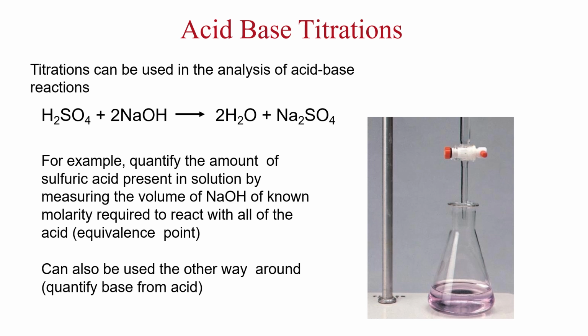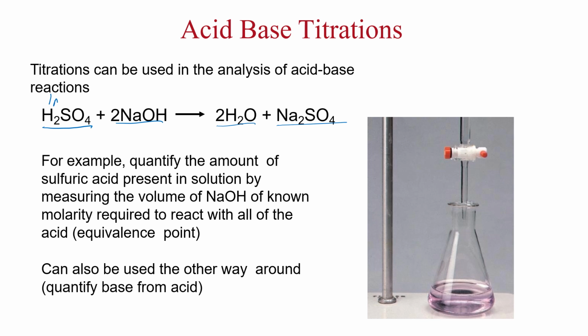We can use acid-base titrations for all kinds of chemical compounds. Here's another example where our HCl has basically been replaced by H2SO4. We're still using NaOH here. And then this is going to form, once again, water and our salt, sodium sulfate. One important thing to note here, though, is we have a different stoichiometric ratio.